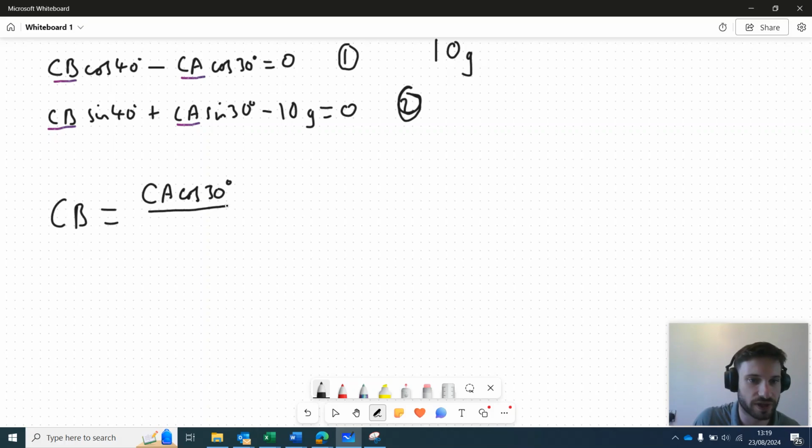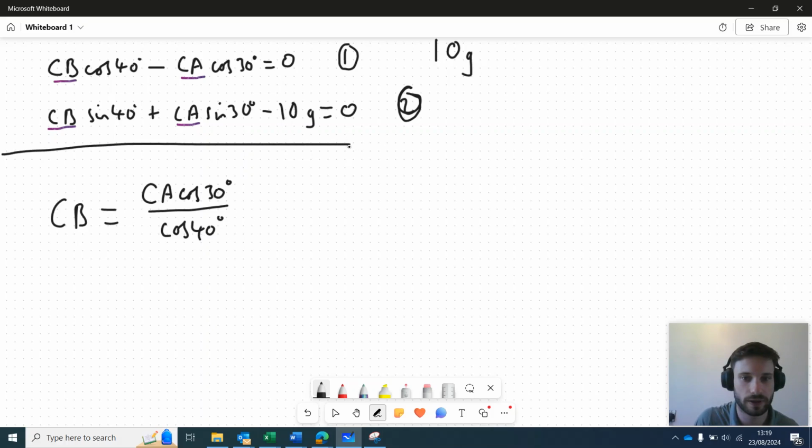I've added that CA cos 30 to both sides, and then divided by cos 40. So I have CB in terms of CA. I'm then going to substitute it into equation 2.